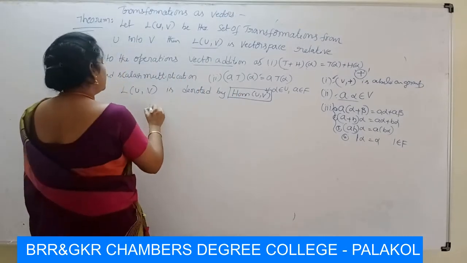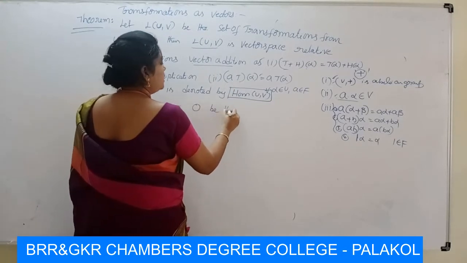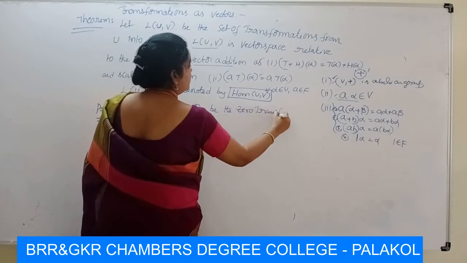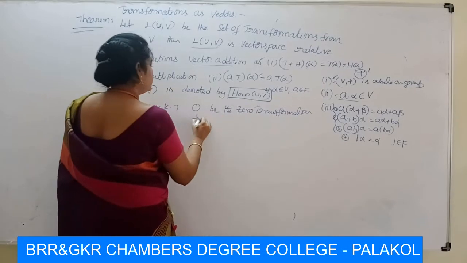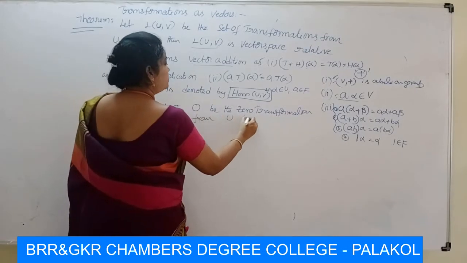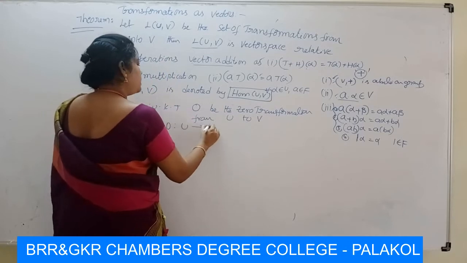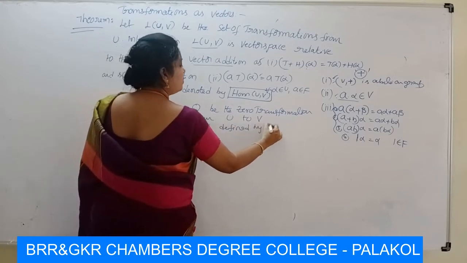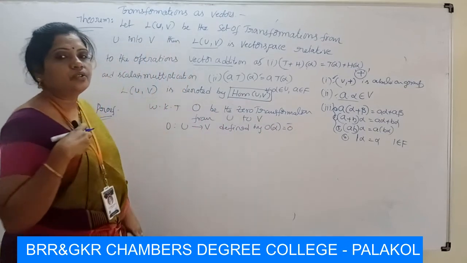Already we know that O is the zero transformation from U to V. So O maps U to V and is defined by O of alpha is equal to 0 bar. 0 bar is the zero vector of V.